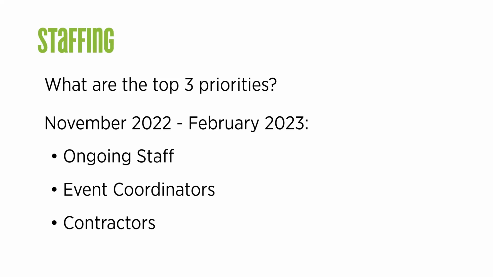So this is for ongoing staff, but it could also be for contractors and event coordinators working specifically during the holidays. Really, you just want to make sure that they're being paid during the months of November through February, because you're going to need to provide pay stubs or proof of payment when you're doing the evaluation of the grant.